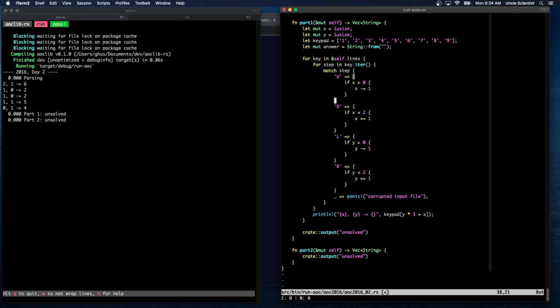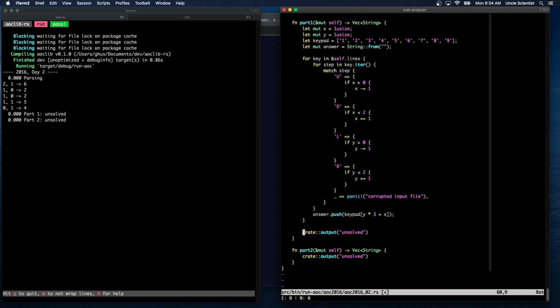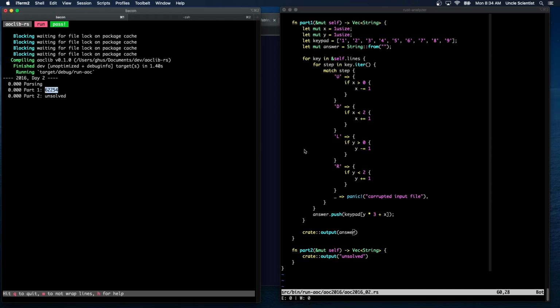And then we can just say push. Answer.push keypad of y times 3 plus x. And instead of unsolved, we just say answer. 62254? 62254.